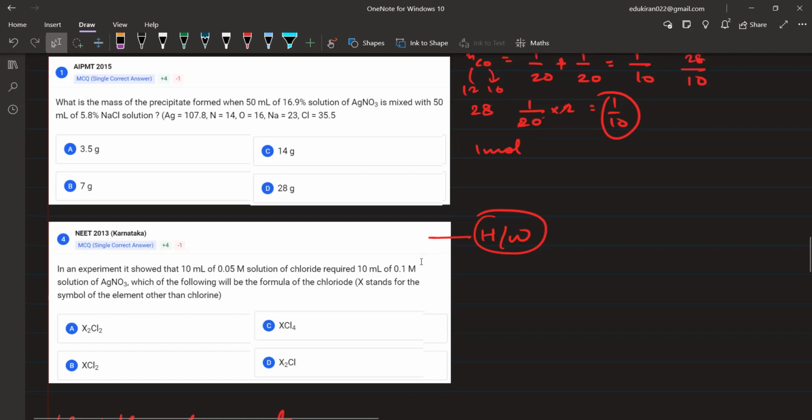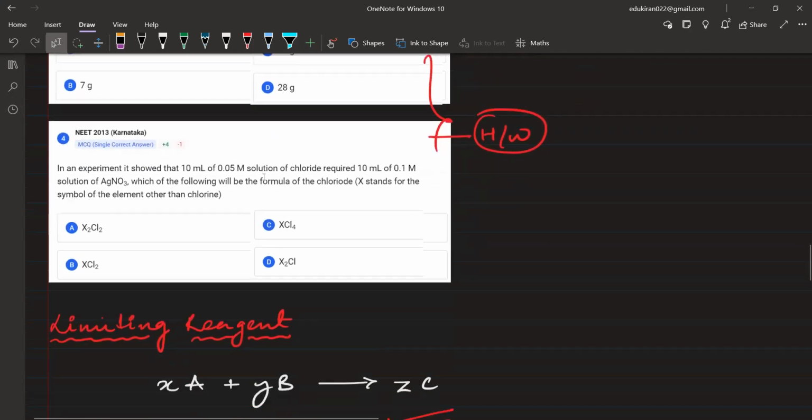So try कीजिएगा, नहीं हुआ तो फिर I will do this in the next class. Both of these questions are homework, okay? Both of these. I hope you have taken the screenshot.